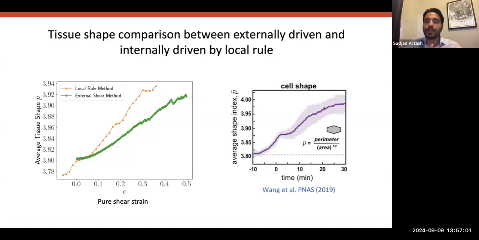Here on the right, I'm showing some experimental results of tissue shape versus time, not strain. That's during convergent extension, where it increases as the tissue is getting elongated. So this is ongoing work to compare these two different scenarios to real experiments. And I think this type of model of local rule, external deformations, as well as gradient descent.